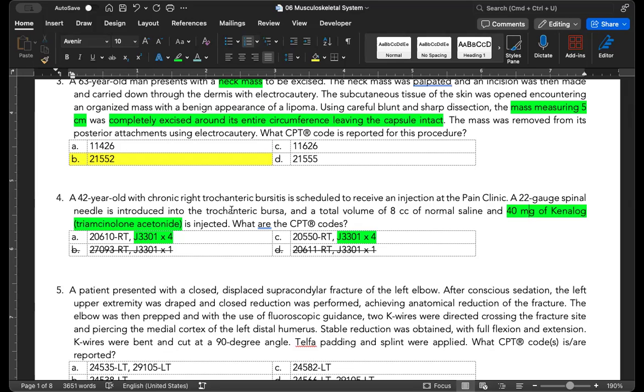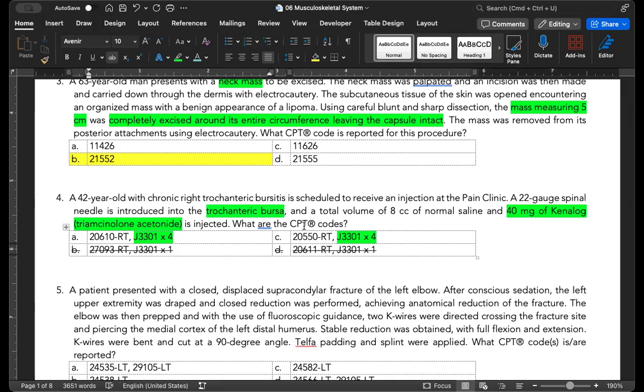So since we did the shoulder, right, because that's where our trochanteric bursa is, then that's part of the shoulder. So that's going to be a major joint. So that matches that code description.